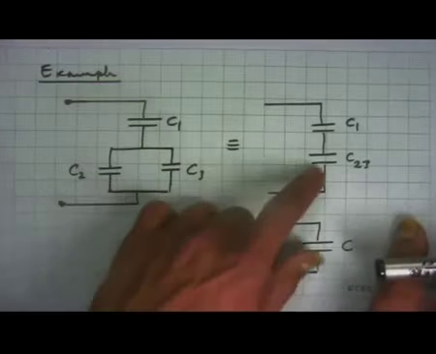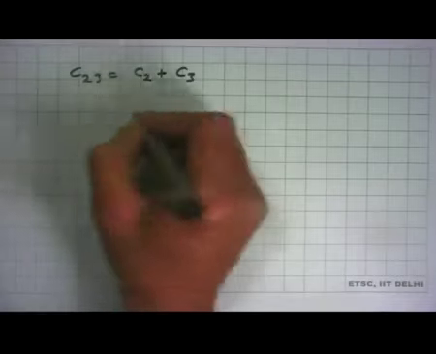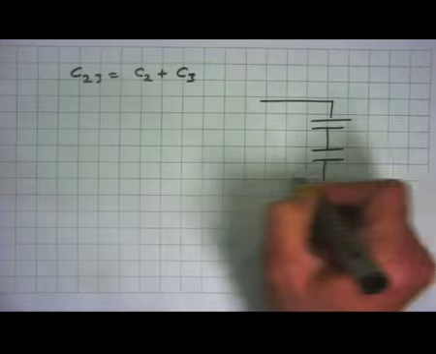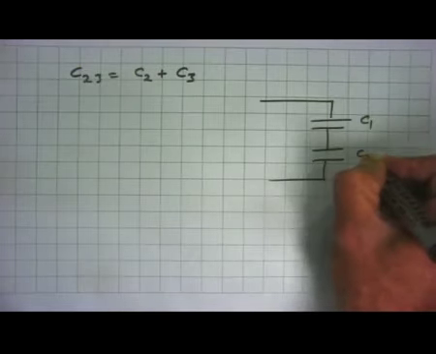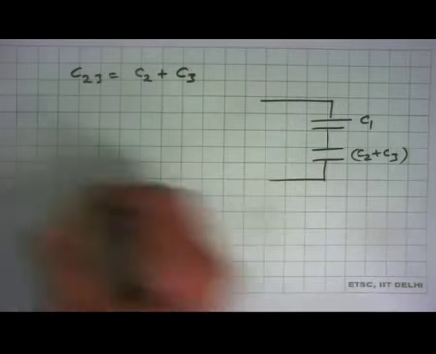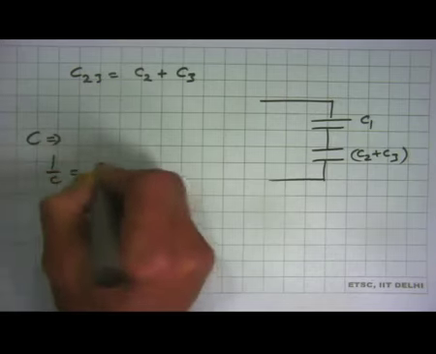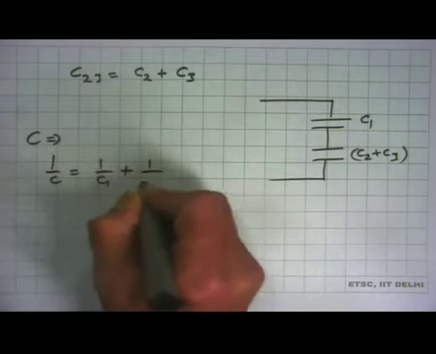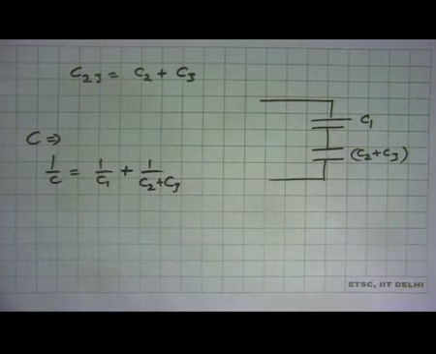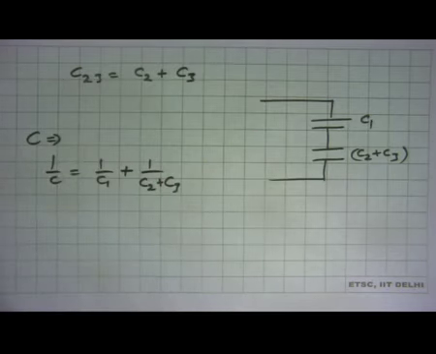So, what I get is this equivalent device, C1 and C2 plus C3. The equivalent capacitor C is given by 1 by C is equal to 1 by C1 plus 1 by (C2 plus C3). I can solve this equation to get the equivalent capacitor.